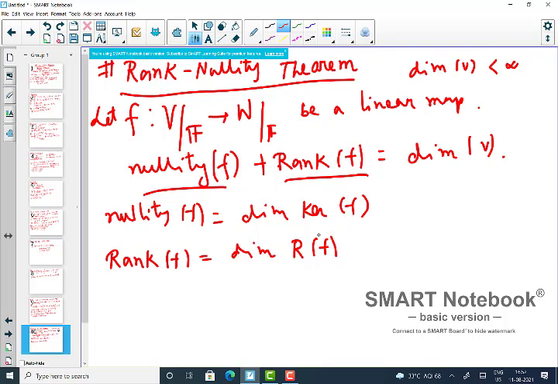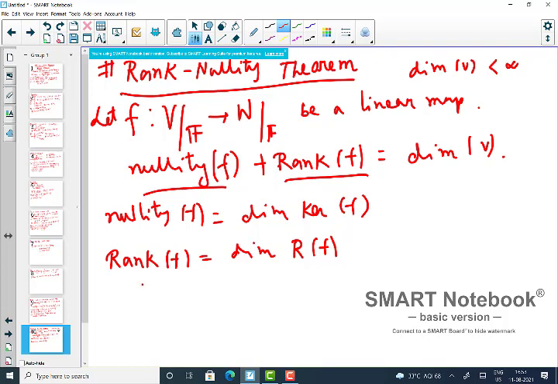So this is called rank-nullity, and if we add them up, it will be dimension V, for the case of V finite dimensional. If V is infinite dimensional, then obviously there is no meaning to this theorem, because on the right hand side you have infinity, and one of the left hand side terms will be infinite. So it's not so interesting.